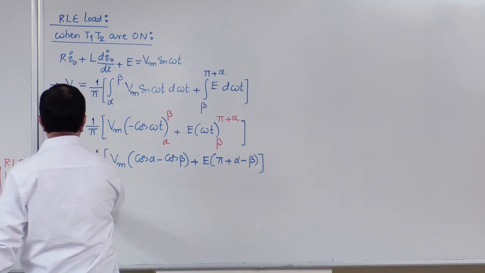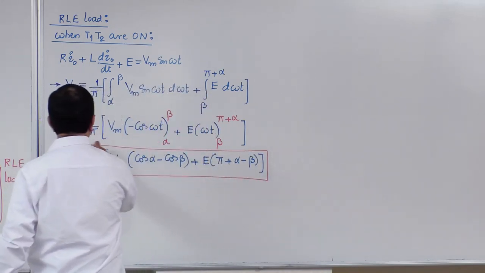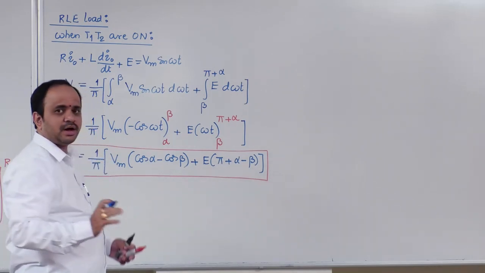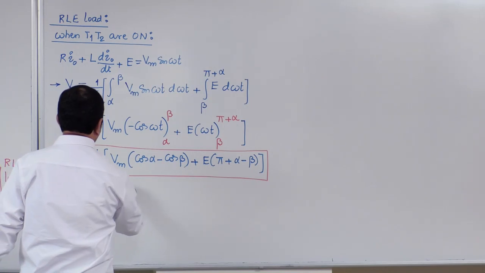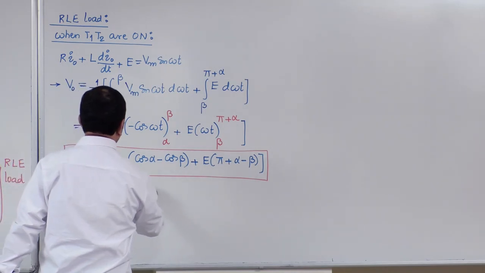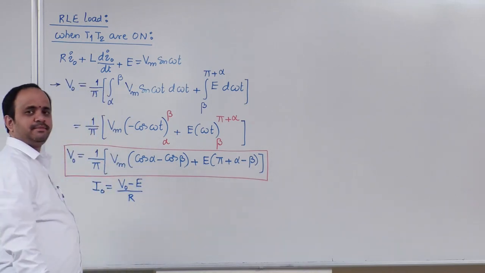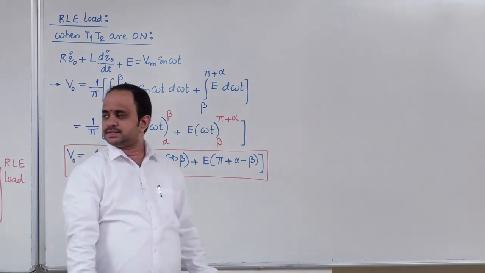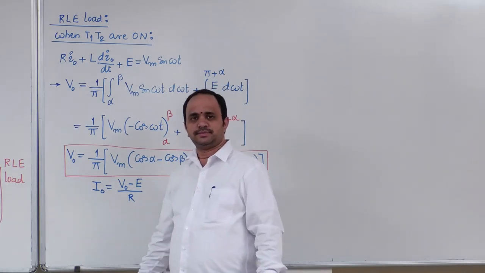Okay, this is the expression for average output voltage for RLE load. Now average output current can be written as V0 minus E divided by R. So this is V0 and I0 calculations for RLE load.